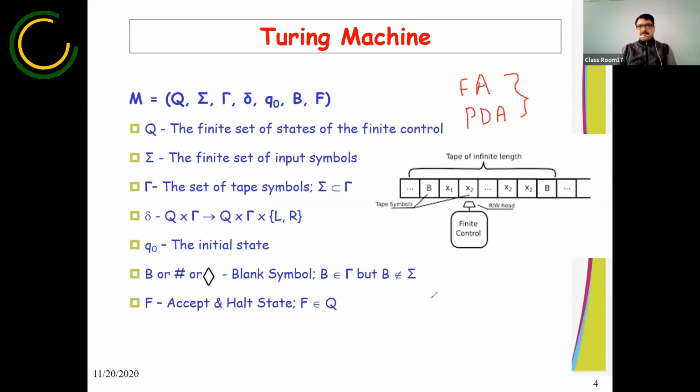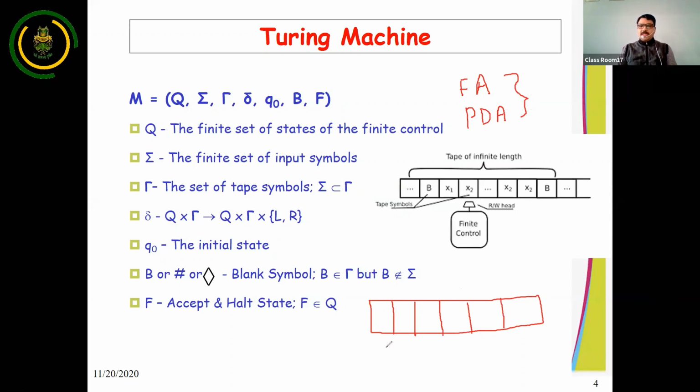Just see here. If we talk about the finite automata, the model diagram can be represented in this way: this is the tape, and the whole tape is divided into equal size blocks, and these blocks are basically called cells. There is a head, and there is a finite control. The head can only read the symbol, read the input from the input tape.